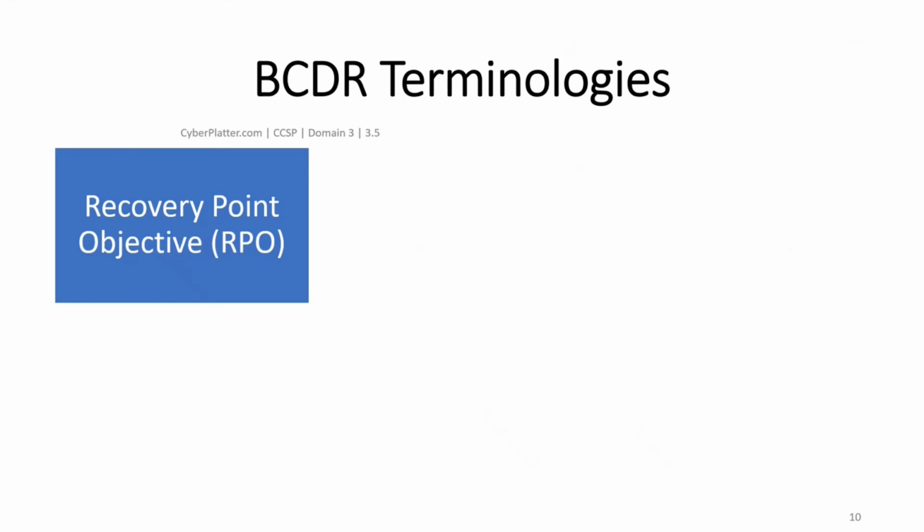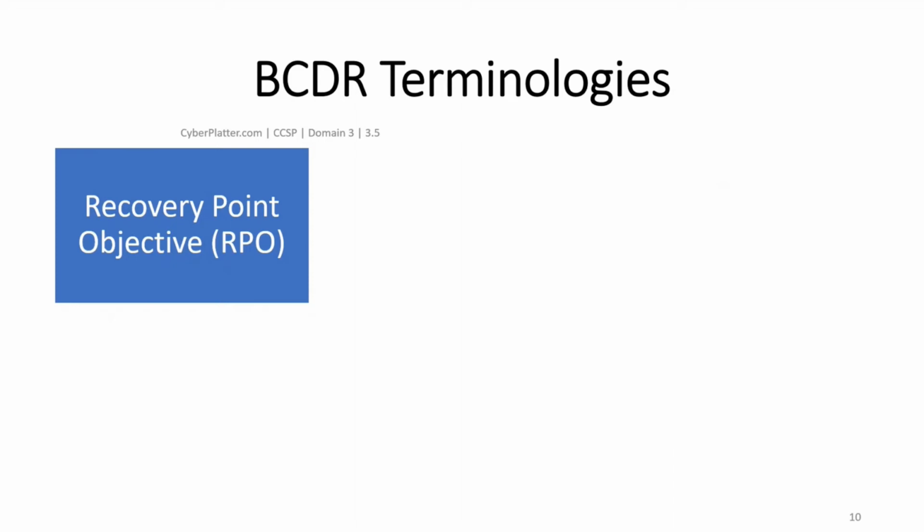BCDR terminologies. Recovery Point Objective, RPO. The BCDR goal for limiting the loss of data from an unplanned event is RPO. Confusingly, this is often measured in time. For instance, if an organization is doing full backups every day and is affected by some sort of disaster, that organization's BCDR plan might include a goal of resuming critical operations at an alternate operating site with the last full backup, which would be an RPO of 24 hours.